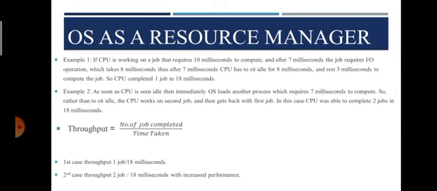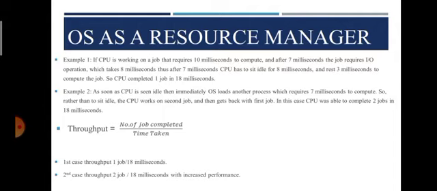Here you can see 7 milliseconds plus 3 milliseconds equals 10, and then the 8 milliseconds required to perform the input and output operation. Adding 7 plus 8 plus 3 gives us 18 milliseconds. So the CPU is taking 18 milliseconds to compute only one job at a time. This is the first example.